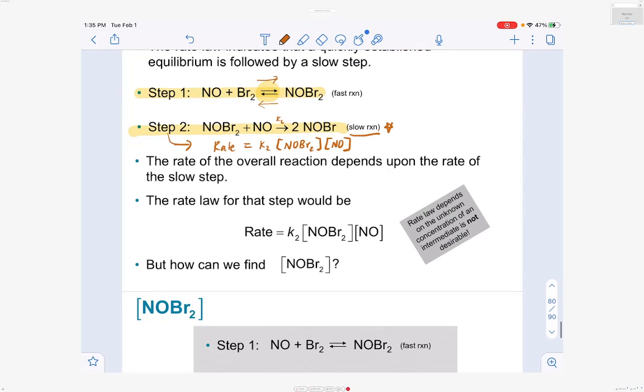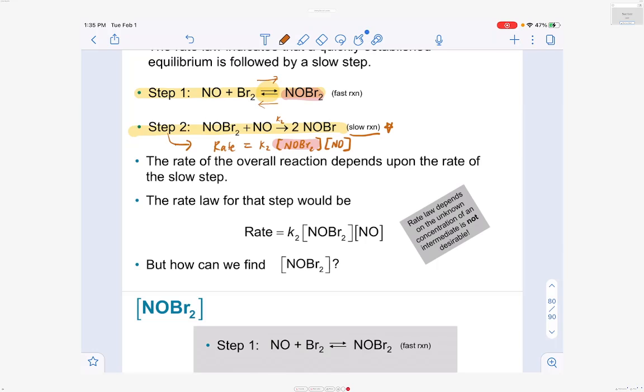However, note that NOBr2 is an intermediate generated in step one. Okay, and intermediates are usually unstable and have low and unknown concentration. It is not ideal to write a rate law in terms of an intermediate.